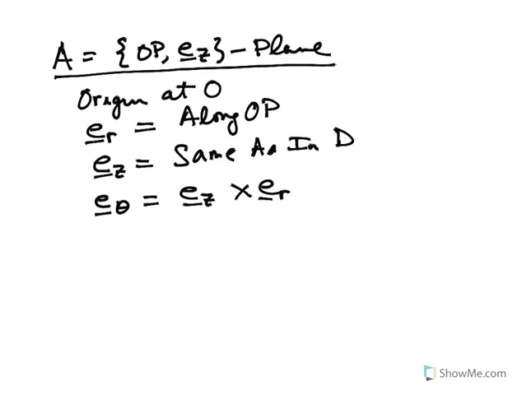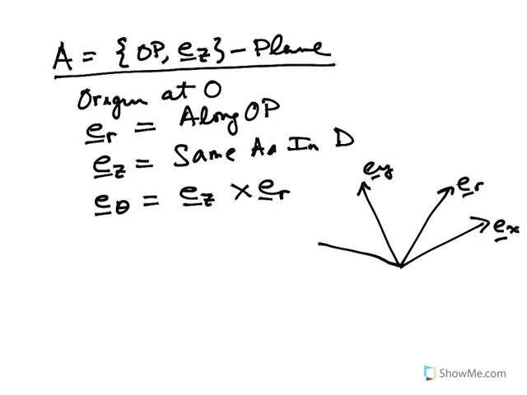So if you look at this picture here, imagine that here's little ex, here's little ey, there's the direction ER, there's the direction E theta. And the angle here is theta. The angle here is also theta. But remember that EX, EY itself is also rotating.